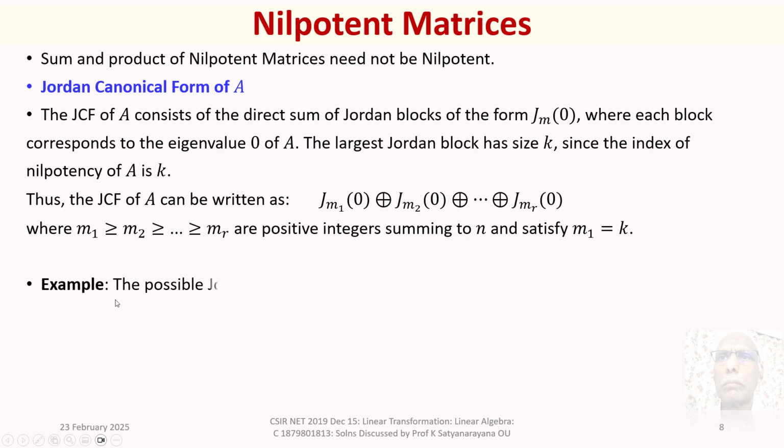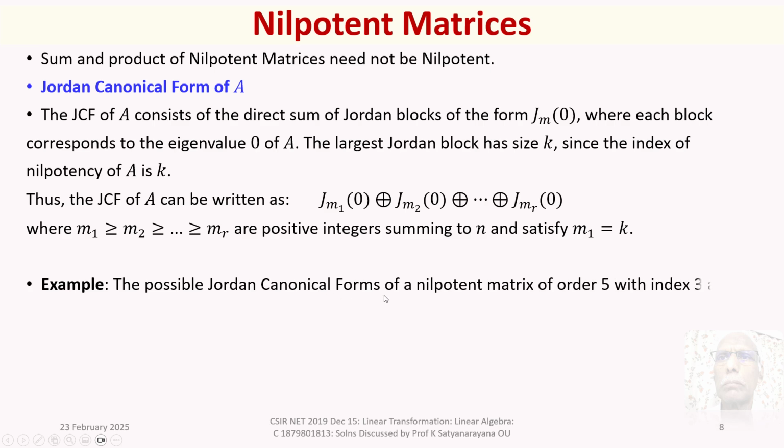As an example, an illustration is here. The possible Jordan canonical forms of a nilpotent matrix of order 5 with index 3 are J_3(0) because the index is 3, direct sum J_2(0). That is one of the possibilities.